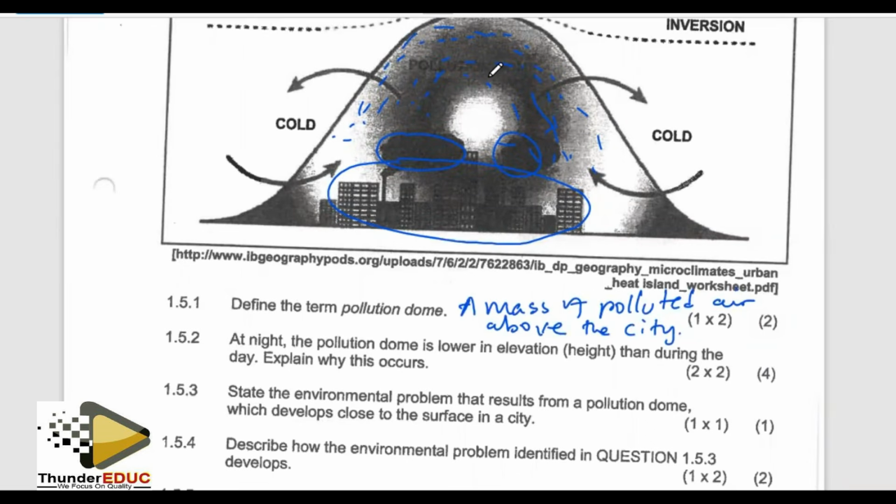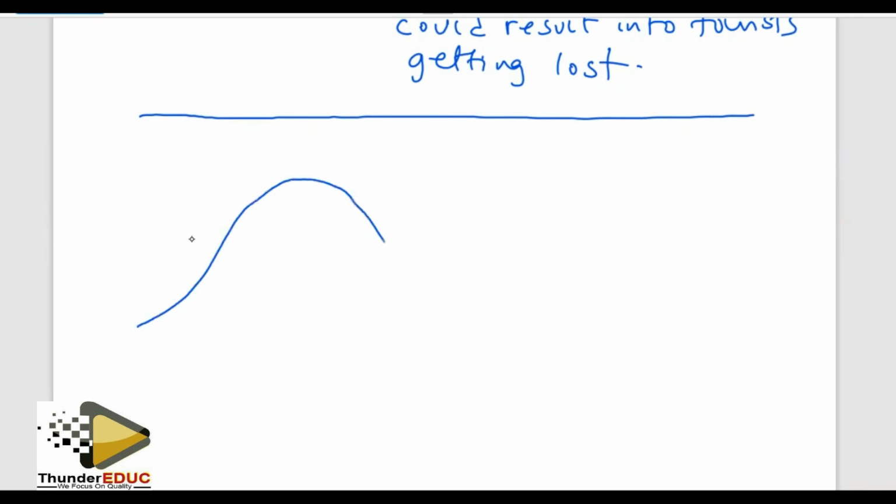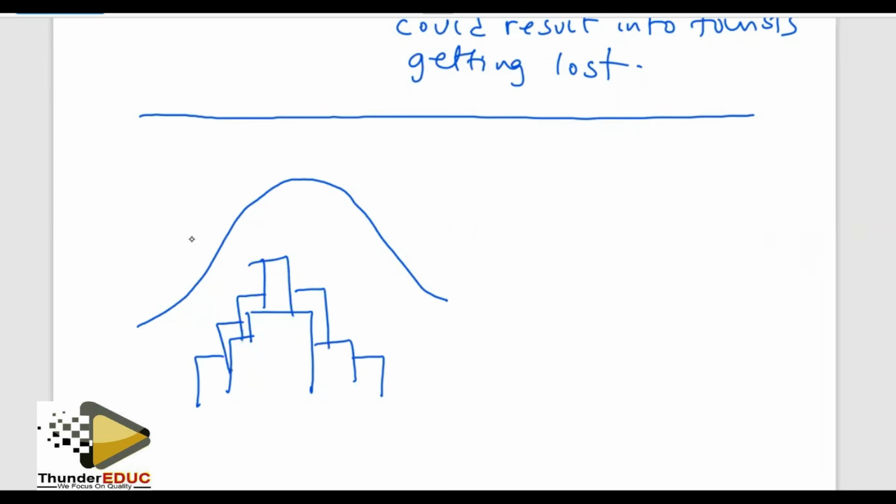So let us try to use the blank page to illustrate the two. So this is a pollution dome at night. This is our city, for example, with tall buildings. This could be the CBD in the center.